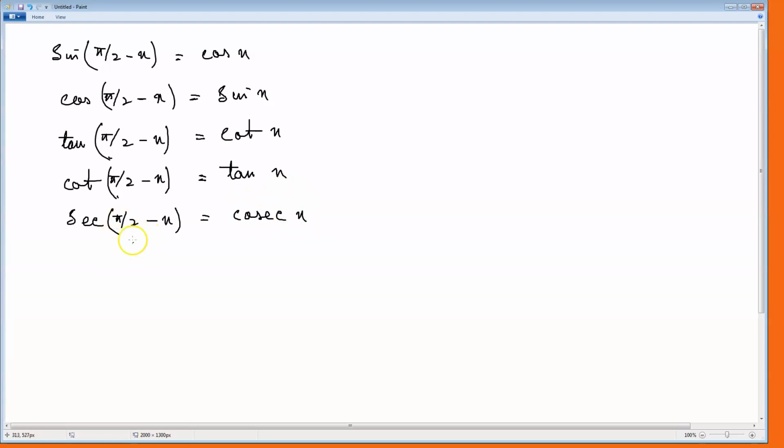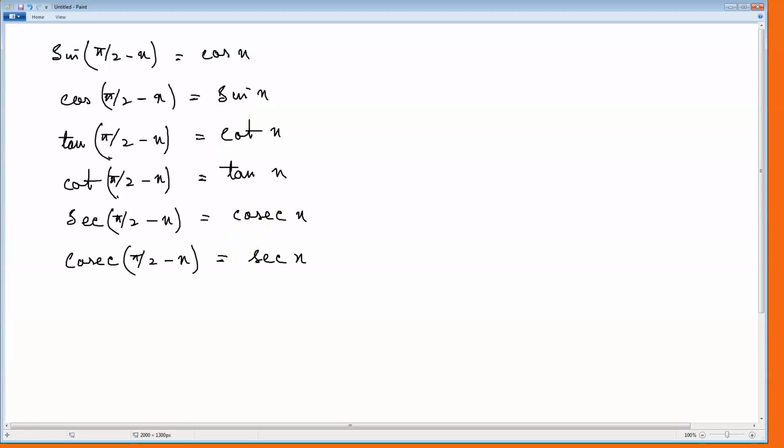And also the cosecant of pi by 2 minus x is equal to secant x. So as you can see, when you have pi by 2, as we discussed before, sine is turned into cos, cos to sine, tan to cot, cot to tan, secant to cosecant, cosecant to secant. And when you have pi by 2 minus x, all of the trigonometric ratios are positive.